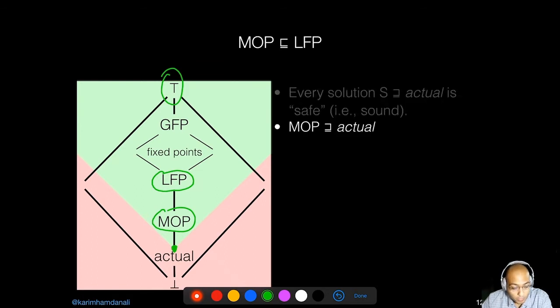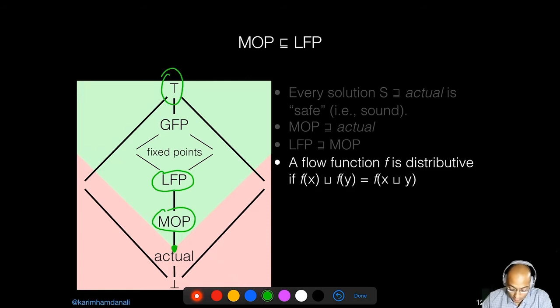The join over all paths, the MOP, always has a higher order than the actual solution. And the LFP, the least fixed point solution, always has a higher order than the MOP in the lattice of solutions.